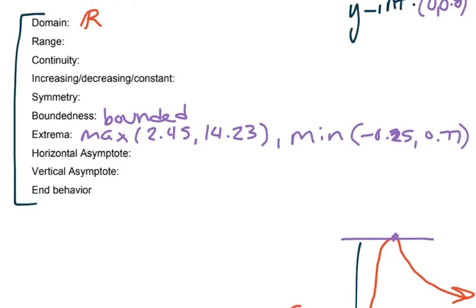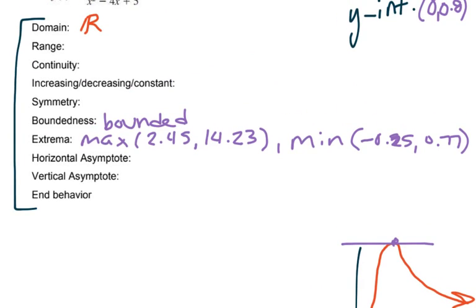So that means the range is between the y values of both of these, that's its maximum and that's its minimum. So 0.77 is where our y's are sandwiched between. It is continuous because there are no vertical asymptotes that make you jump and then continue your drawing.